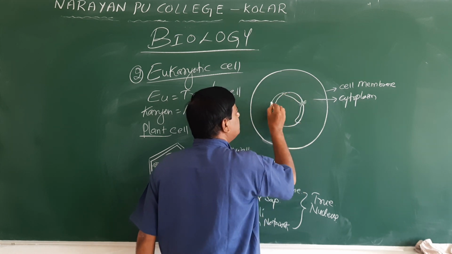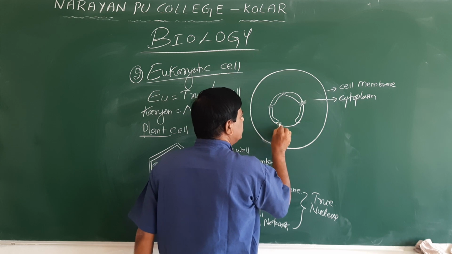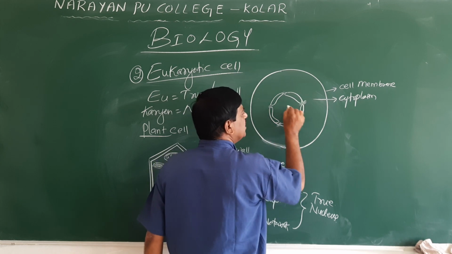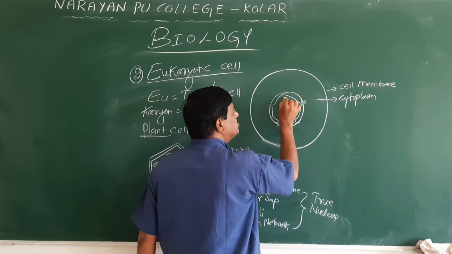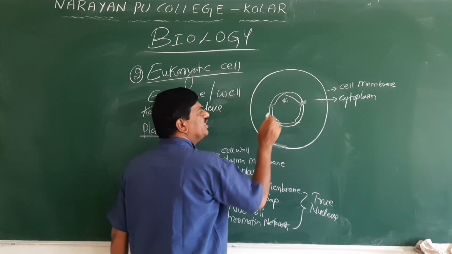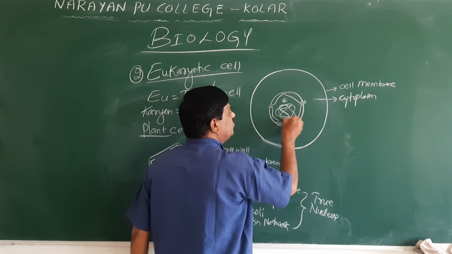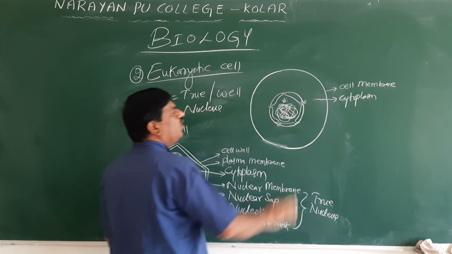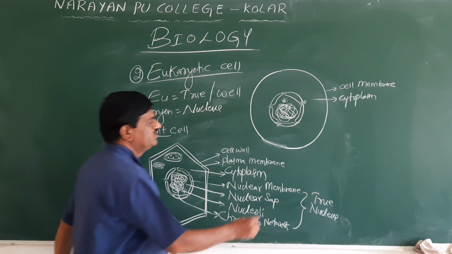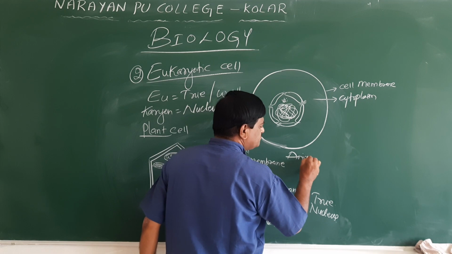One is called the nuclear membrane, the other is called the nucleoli and nuclear sap, and there is a presence of chromatin network. Like this, all the components are also present in the animal cell.